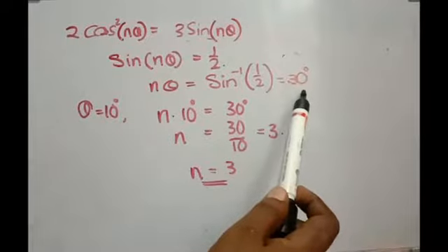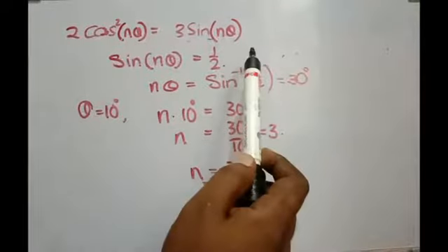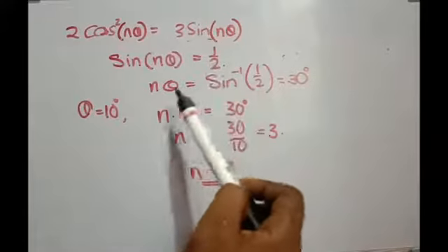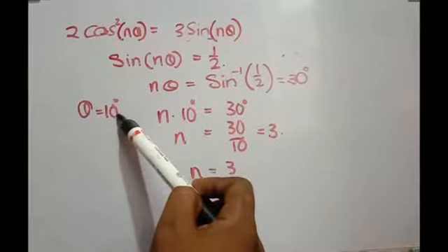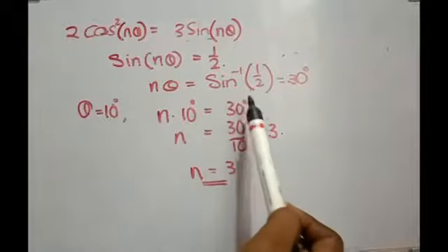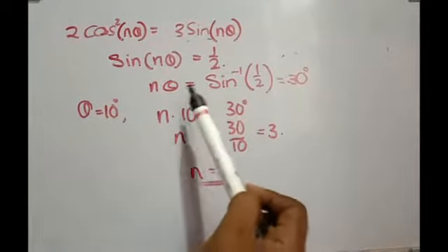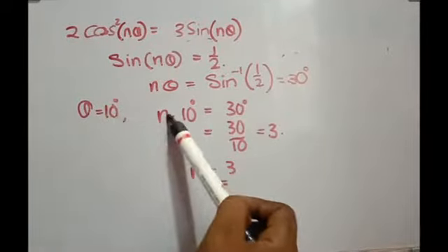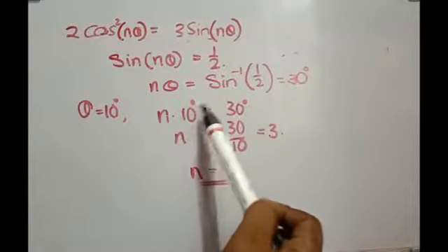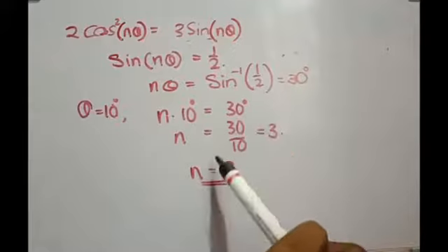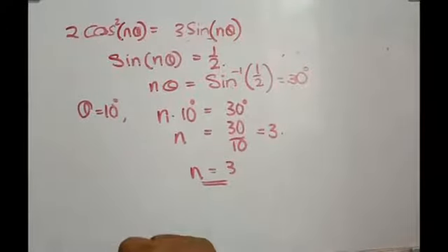But in the question it is mentioned that the smallest angle is 10 degrees. So here the angle is 30 degrees because we multiply 10 degrees with n. So we get n into 10 degrees is 30, or n is equal to 3. Okay, so we get the value of n as 3.